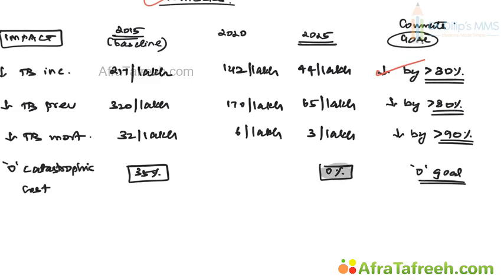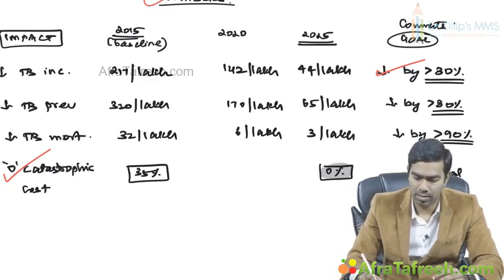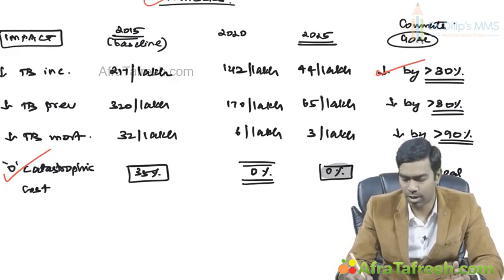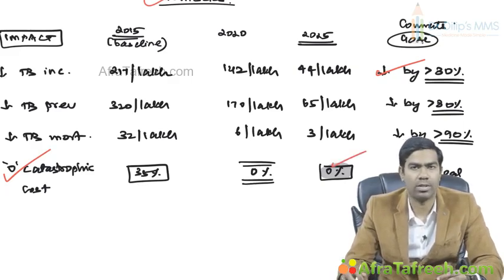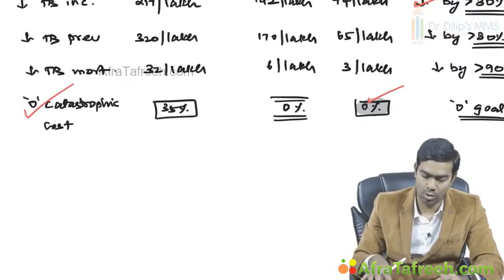In 2020, we also target a catastrophe rate of 0%. It should not be there by 2020 itself as per our target, but 2025 is the maximum time by which you should achieve 0% by the current goals.